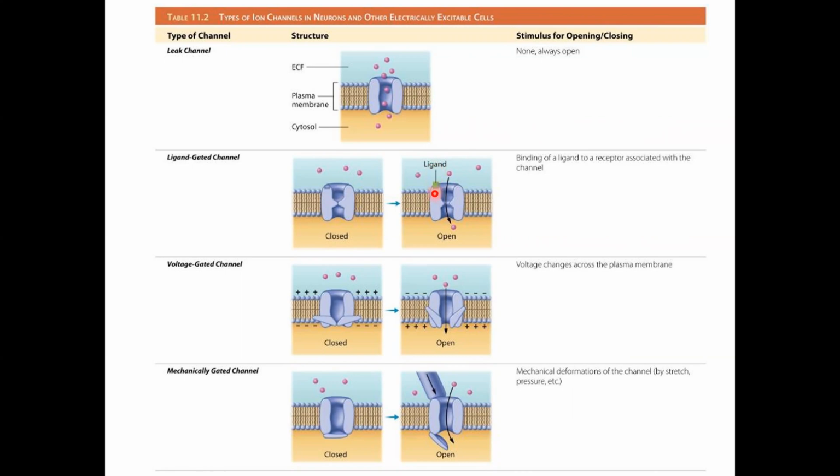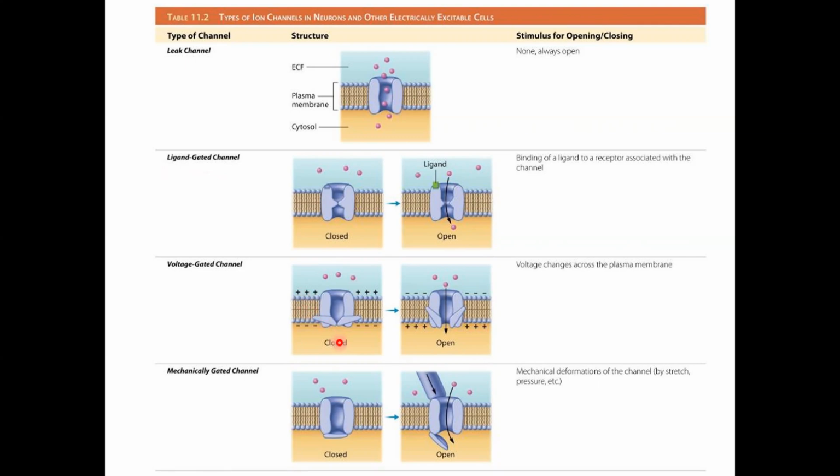When this molecule attaches to the channel, the gate opens and ions can move, either in or out. That's why it's called ligand-gated. Again, if charged particles can move, possibly we can separate charges. We will see how this one is involved as well.